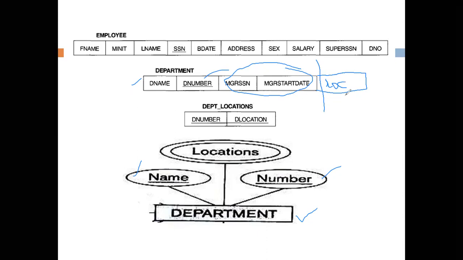Since location is a multi-valued attribute, all multi-valued attributes are split into another table. We indicate a multi-valued attribute like this with a double ellipse.